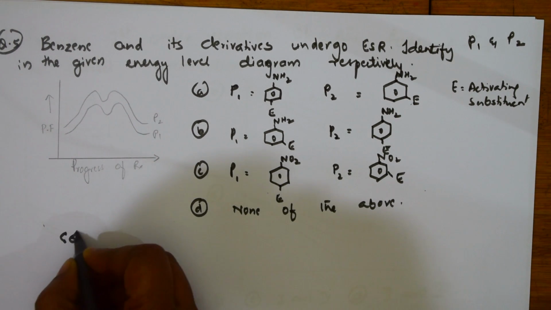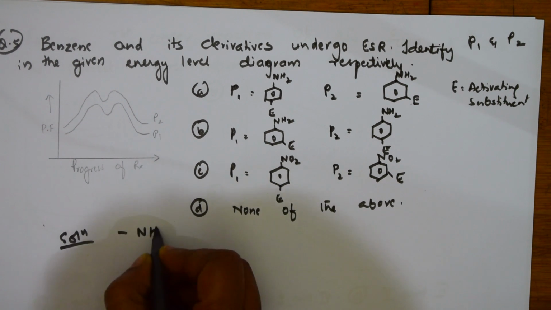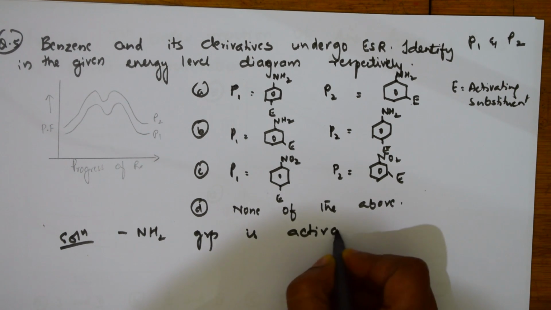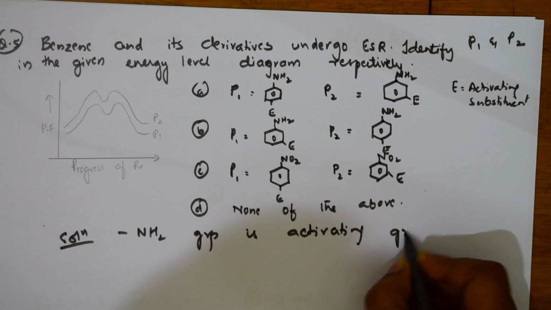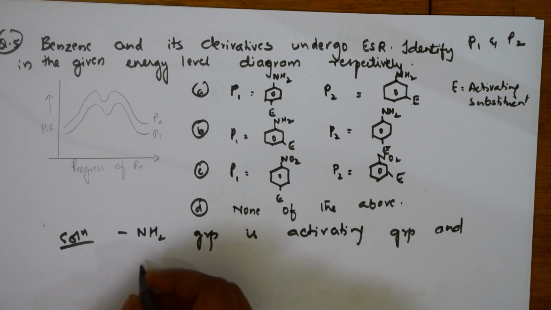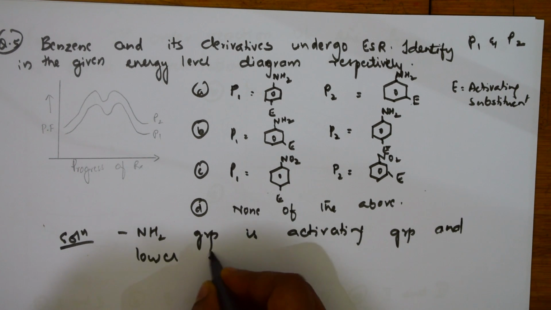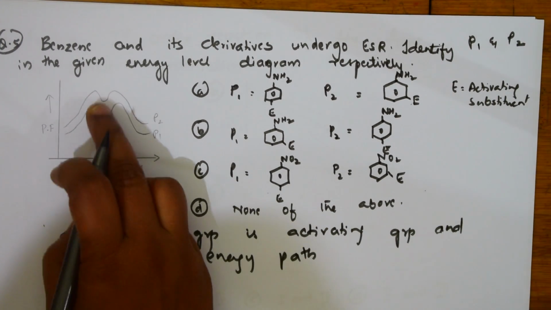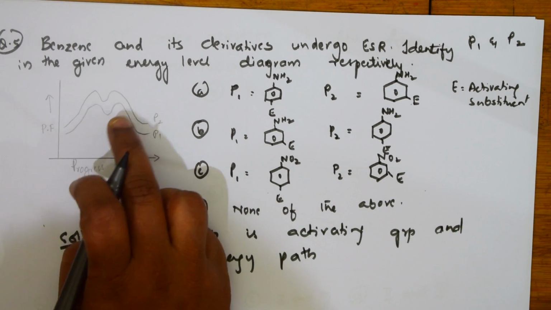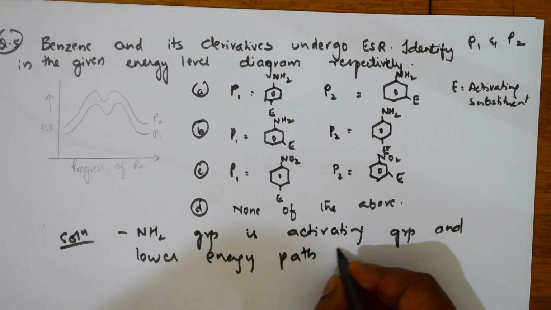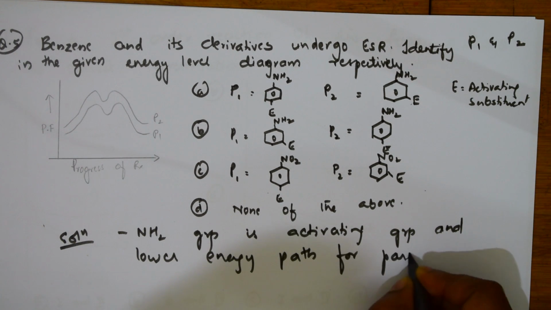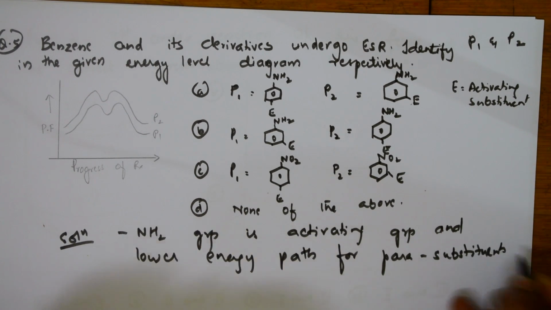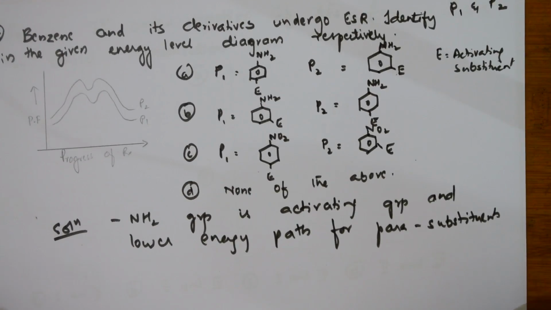The first important thing you have to remember is that the amine group is an activating group and gives the lower energy path. There are two paths, this is path 1, this is path 2. The lower energy path is for para substituents. Remember that.